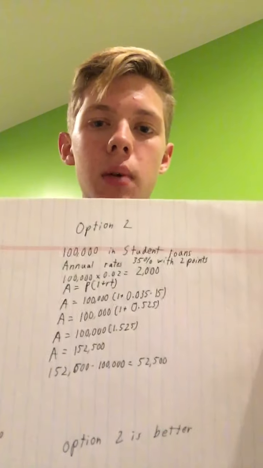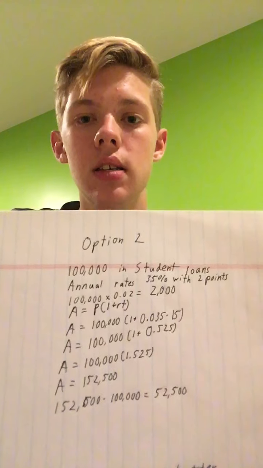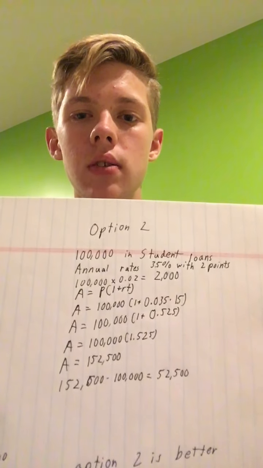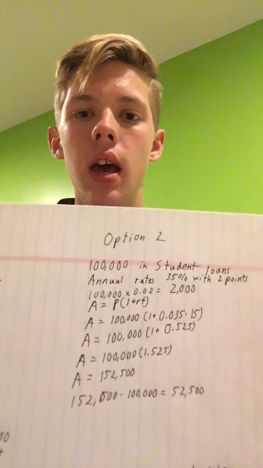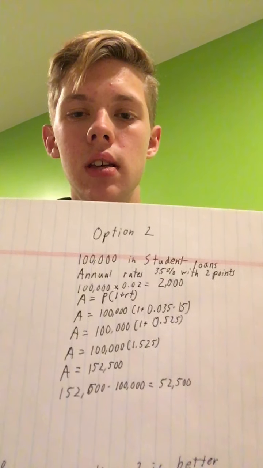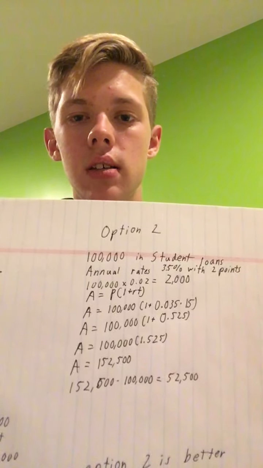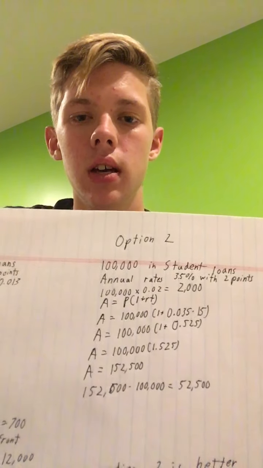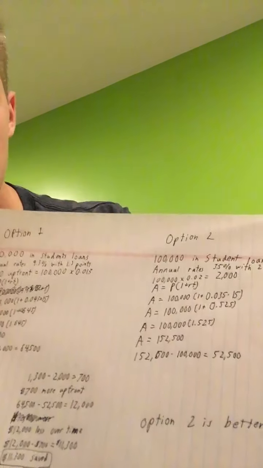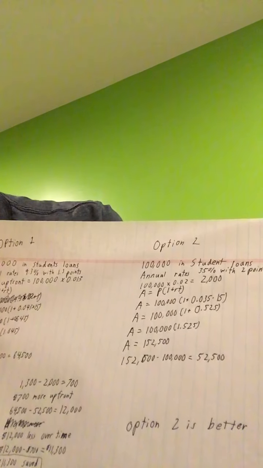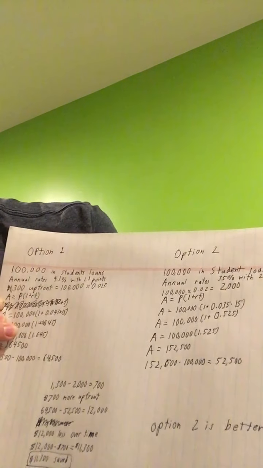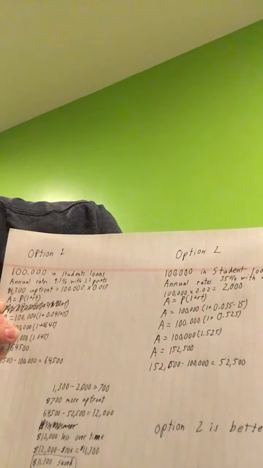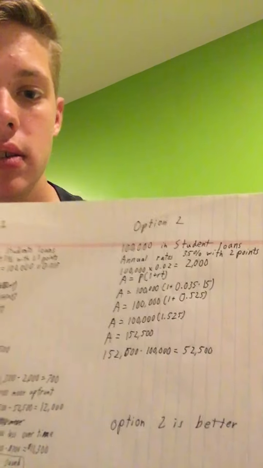When we look over here at option two, we can see that the upfront cost is a little bit higher, so it's going to be $2,000 in upfront costs. And then again, here I worked out, as you can see, the interest rates using the exact same formula, A equals P times 1 plus R times T. And then at the end of that, the interest, or the annual interest rate, once it's all figured out, is going to be $52,500.